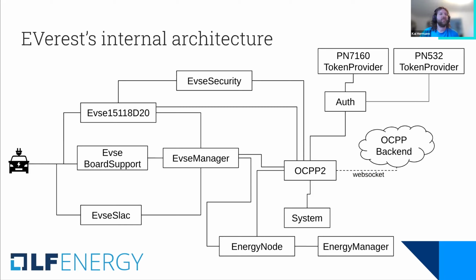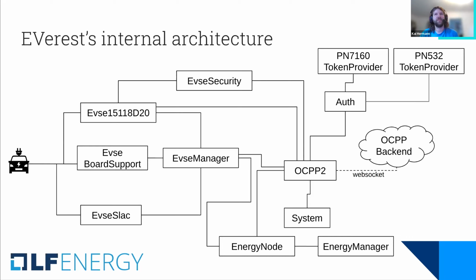Additionally, if you're running a bit more complicated setup, not just basic charging, but let's say AC charging over ISO 15118 or DC charging, we will also have a Slack module as well as an ISO 15118, in this case the -20 module, connected to this. This is all getting orchestrated by what we call the EVSE manager.